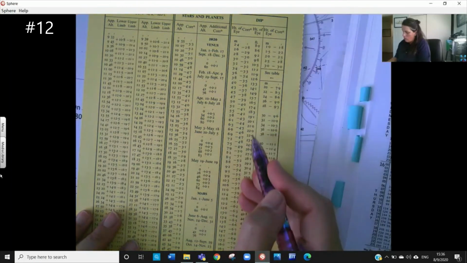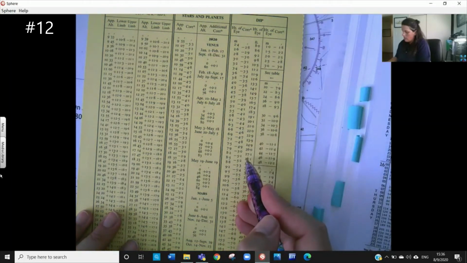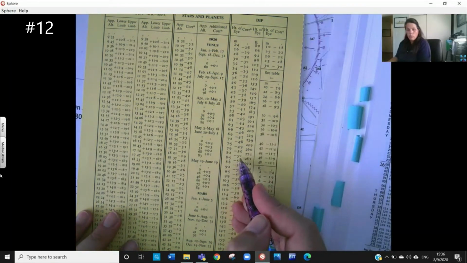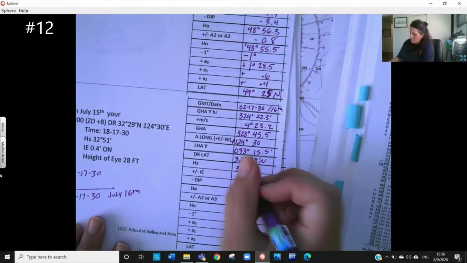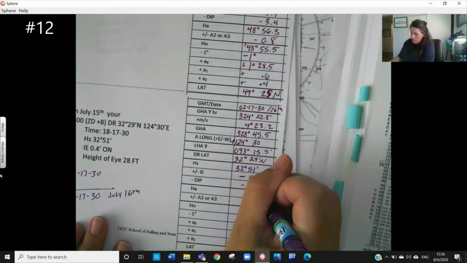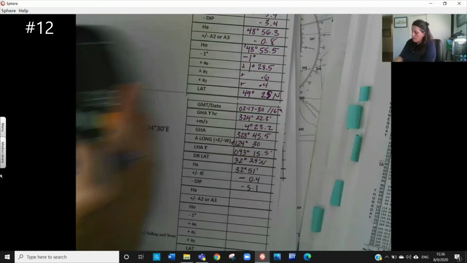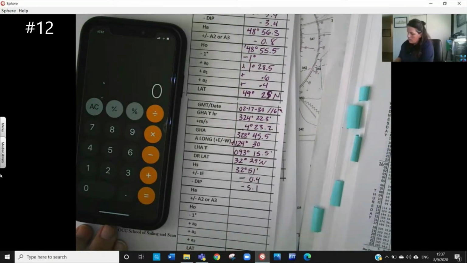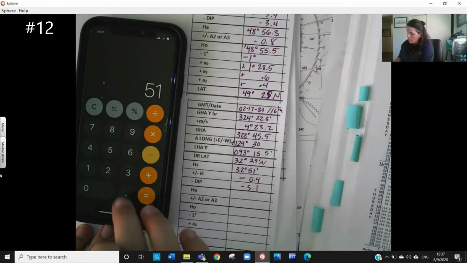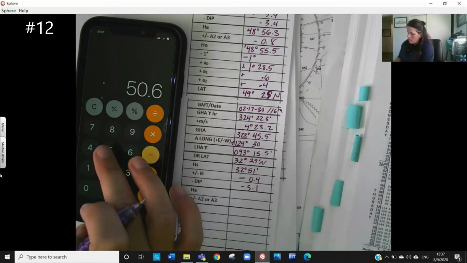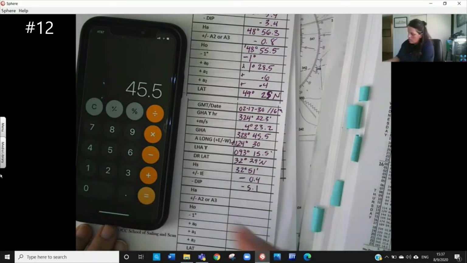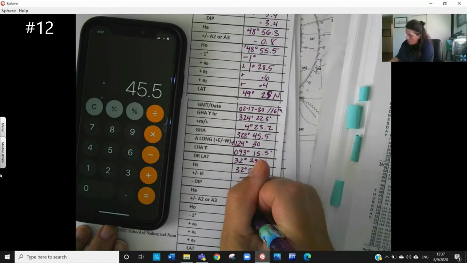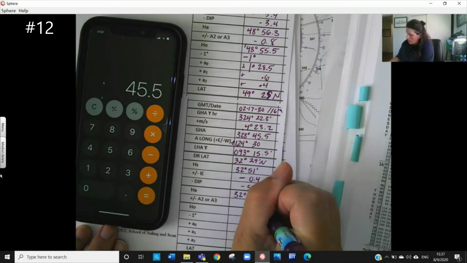So we find 28 feet is going to be a correction of 5.1. Apply these corrections, and we get 51 minus 4 minus 1 gives us 32 degrees, 45.5.